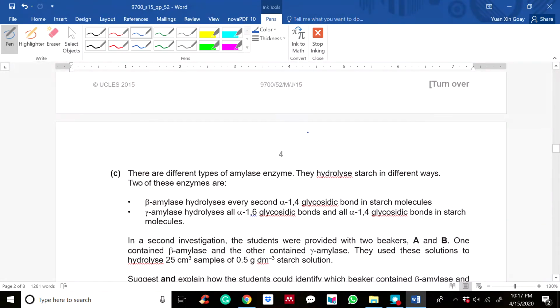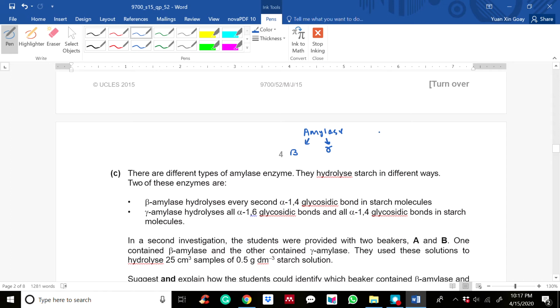So in this case, amylase enzyme has two different types, beta and gamma.